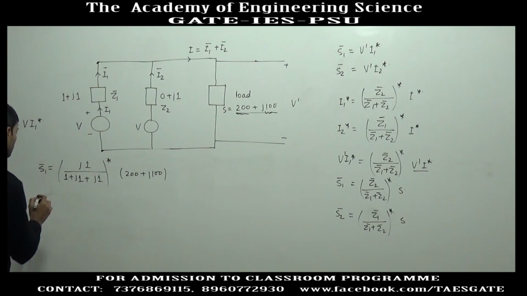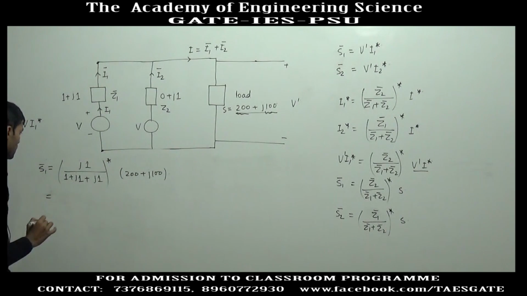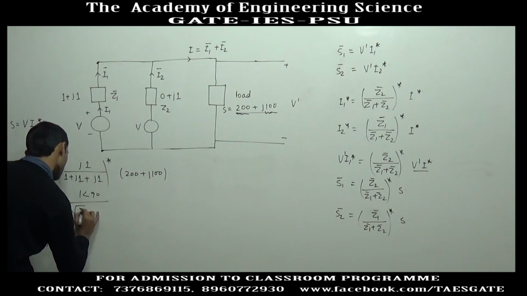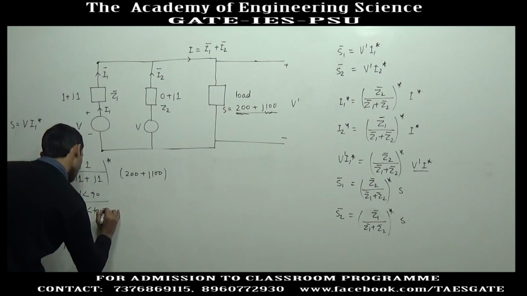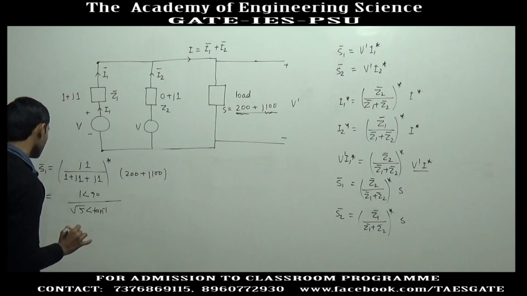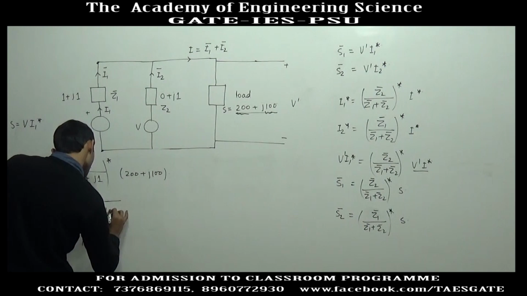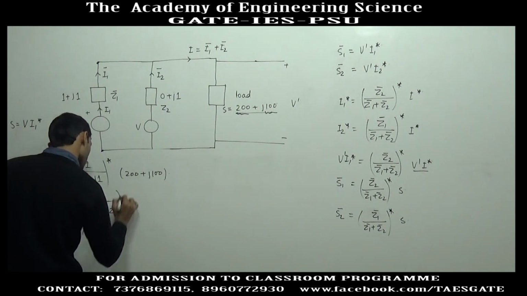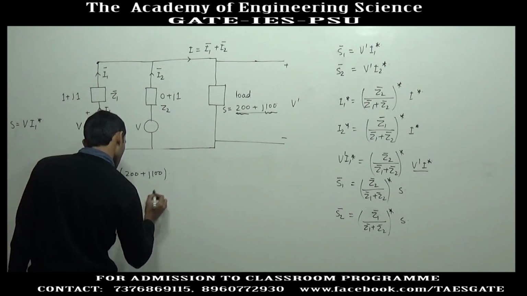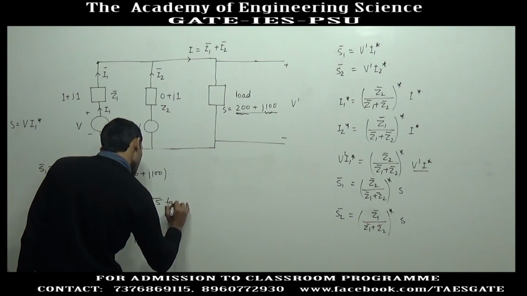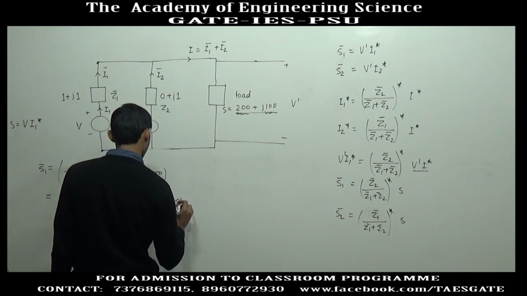This is 1 angle 90, and this is root 5 angle tan inverse 2, take the star of this quantity, and this is 100 root 5 angle tan inverse 1 by 2.